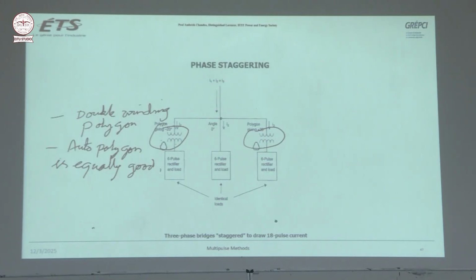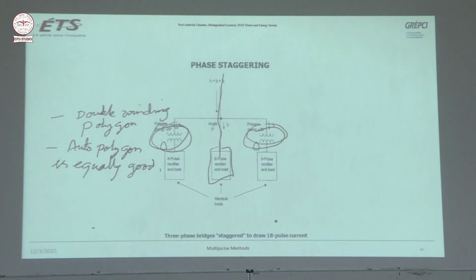Now this is another double winding. Although it is showing double winding, you can have auto polygon also. Okay, so if you have auto polygon, see the third 6 pulse rectifier, it is directly connected to the supply, 0 degree phase shift, because you are having 3 converters, so 20 degree phase shift.